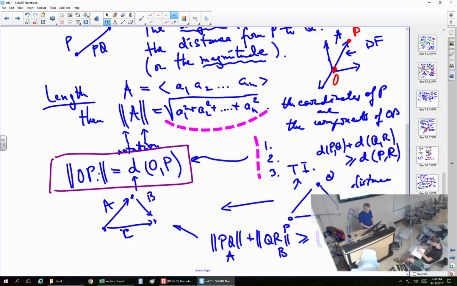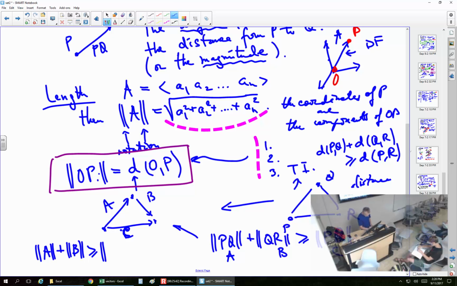I start with magnitude of A plus magnitude of B larger than or equal to the magnitude of C. But look at the picture, what do I substitute for C? It should be PR.